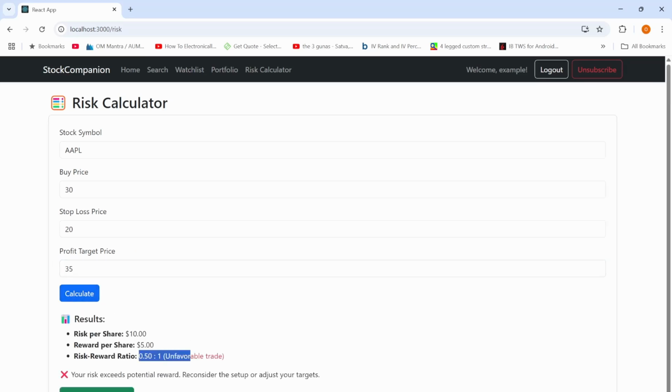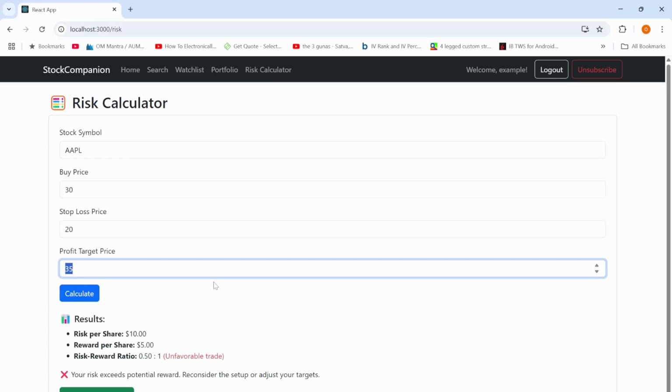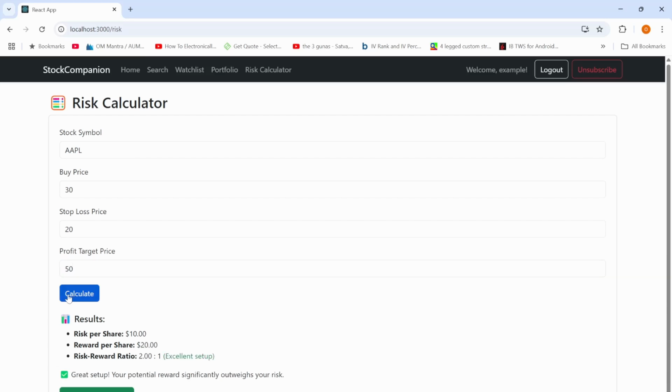If you look at this, we have an unfavorable risk reward, right? Because we make $5 a share if it goes our way. If it goes against us, we lose $10 a share. So let's try a different risk reward. Let's try $50, right?